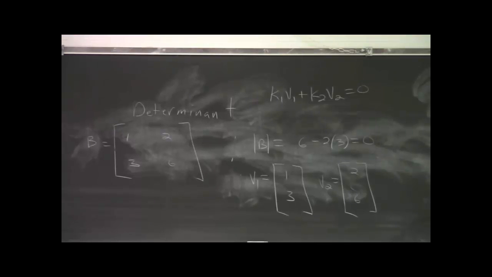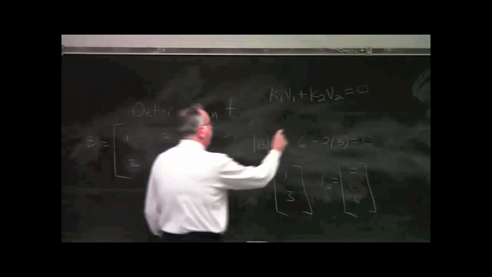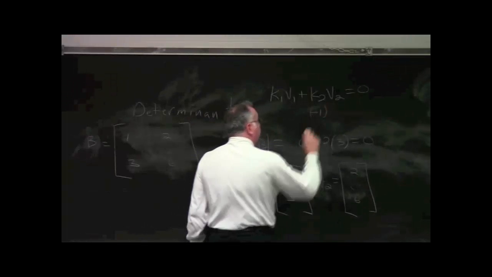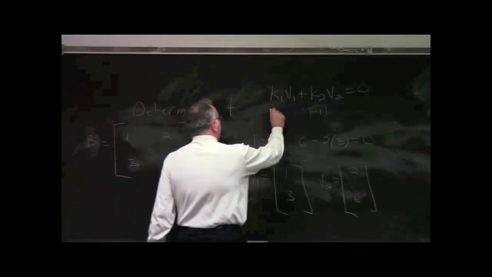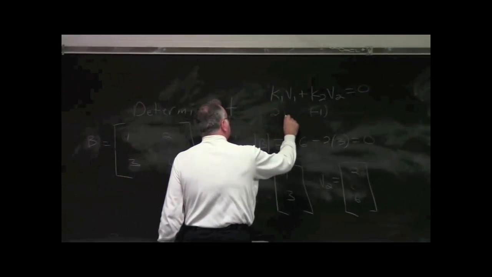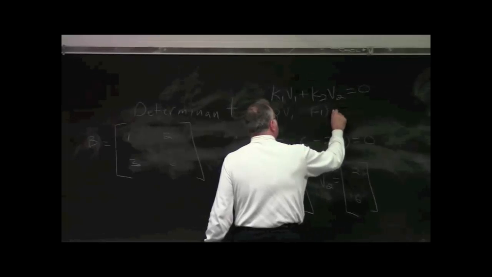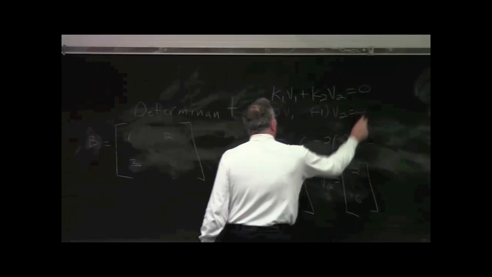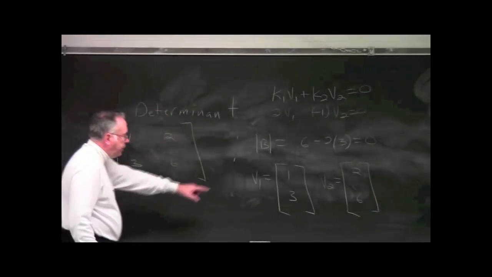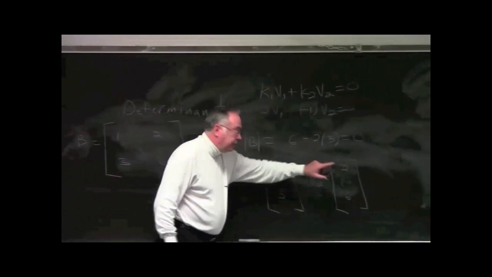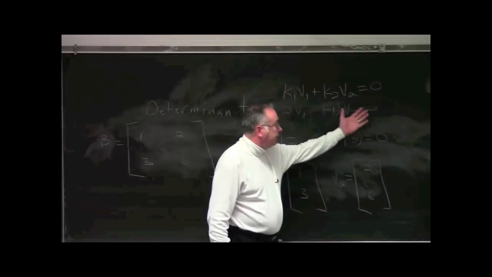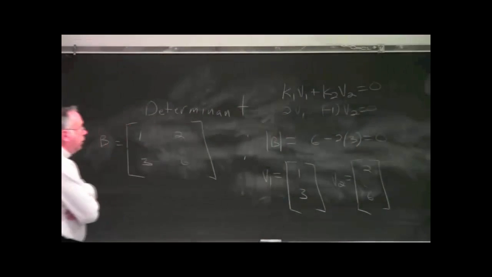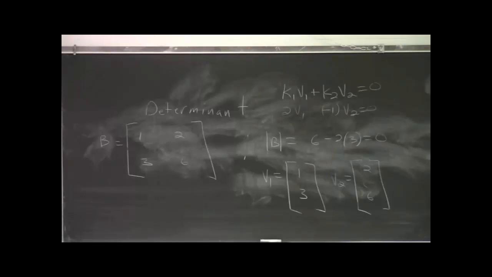And then what would K1 have to be? 2. And that'll work, because you would have 2 minus 2, 0, and 6 minus 6, 0. So you could obviously see those two vectors are linearly dependent.